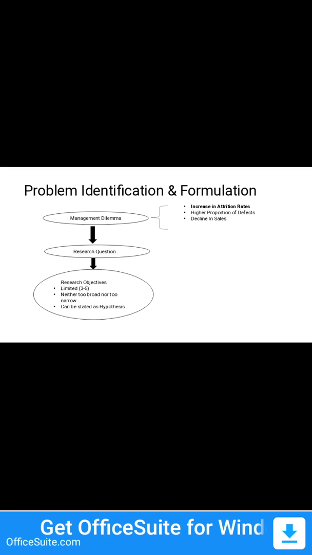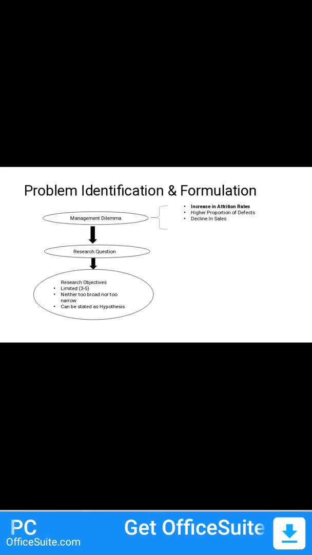Another management dilemma from the production operations perspective can be that the proportion of defects has increased in our output. So in our company we are producing some item and we are seeing more and more defects, a higher proportion of defective products being produced. Now this could be another problem for the organization.